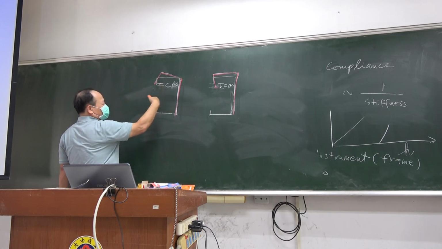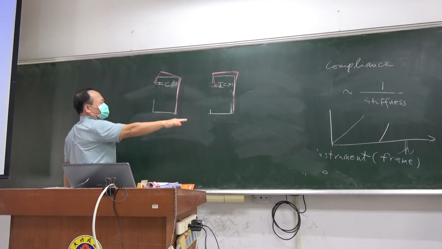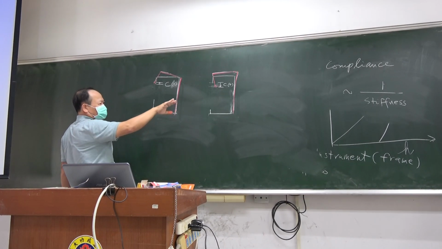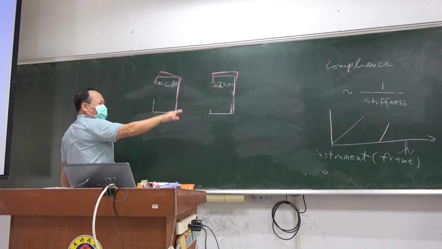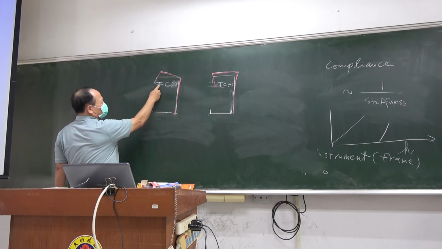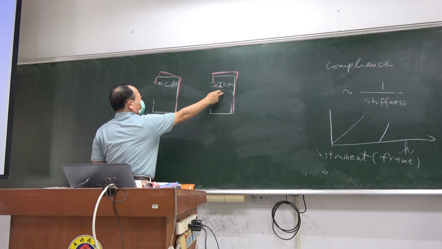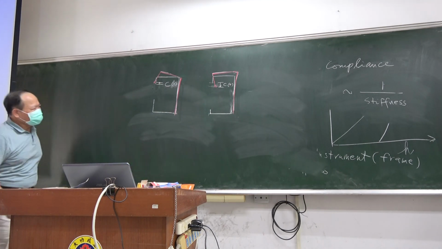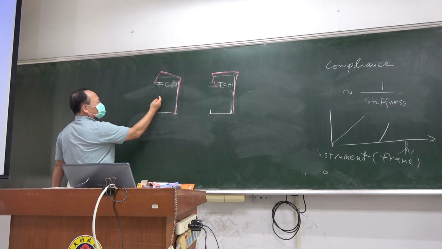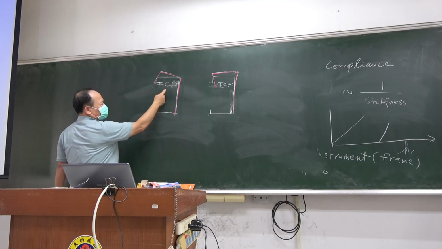Okay, this is because you have the load applied to the level of your frame. In this case, your frame level will have the deflection. This deflection may be moving upward or moving downward. In general, if it is moved upward, this value is the negative value.